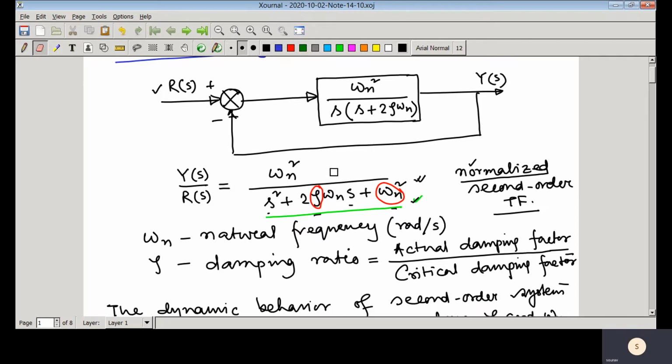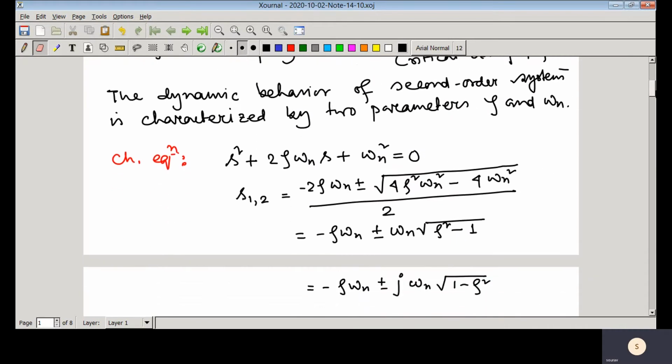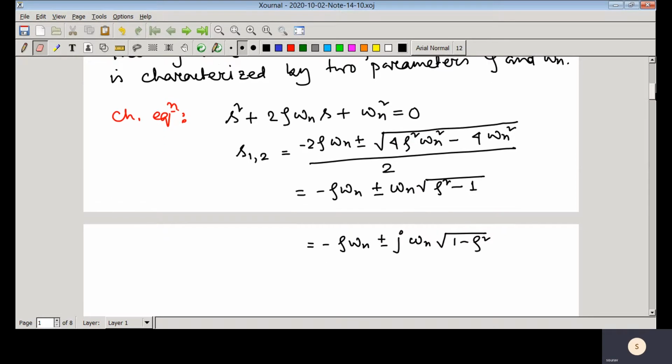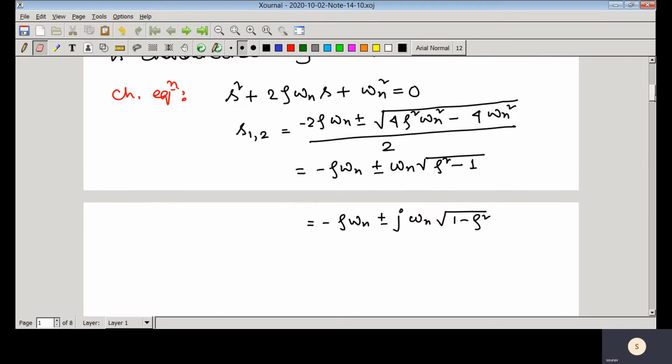And now for this normalized second order transfer function model, we have two poles, and this particular term, zeta omega n, is defined as sigma. This is called the damping factor.